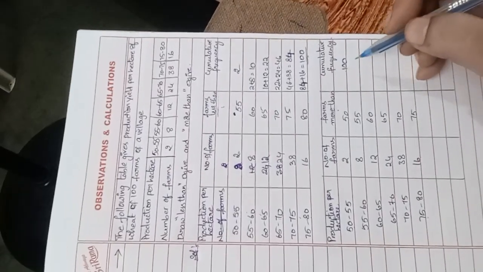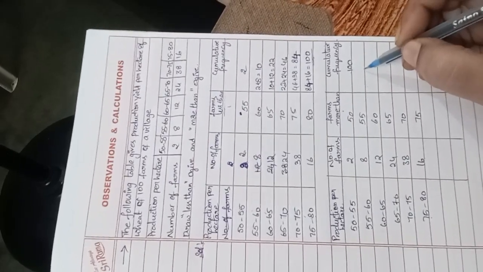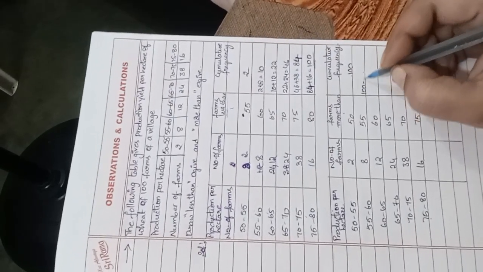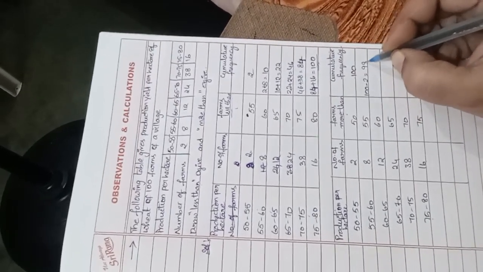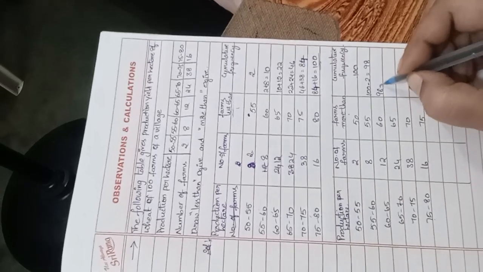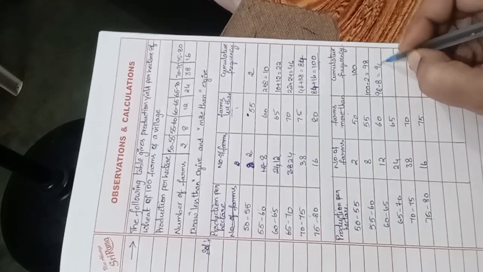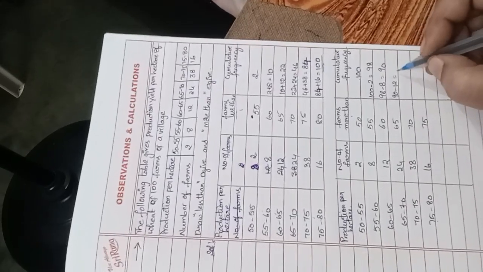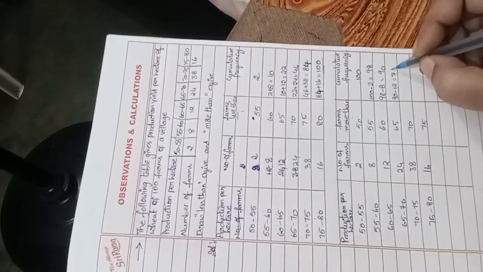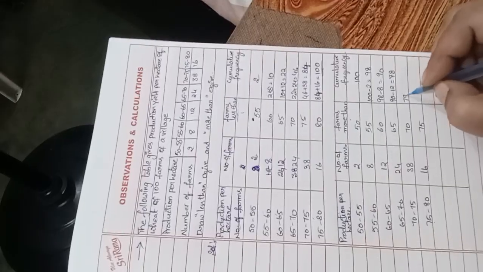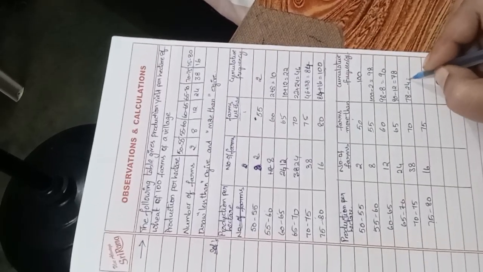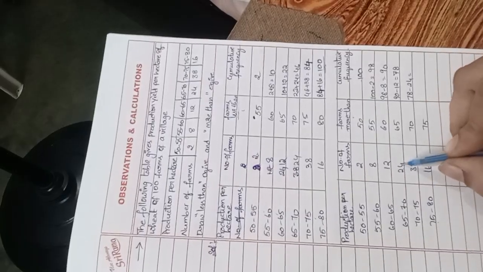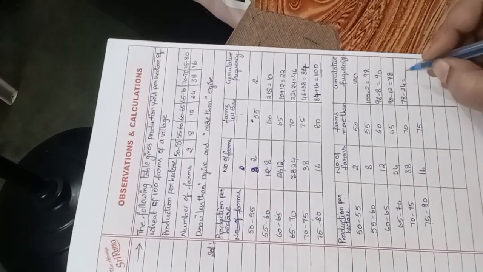Here it is given 100 farms of the village, so you have to start the cumulative frequency with 100. The second row of the cumulative frequency is 100 minus 2, that is 98. 98 minus 8, 90. 90 minus 12, 78. 78 minus 24, what you will get? 54.